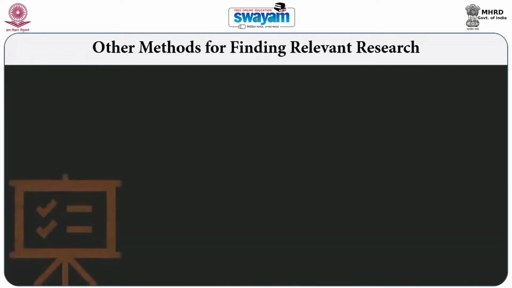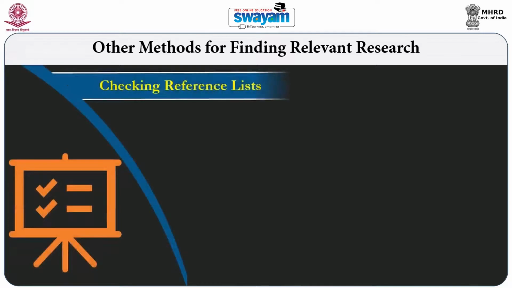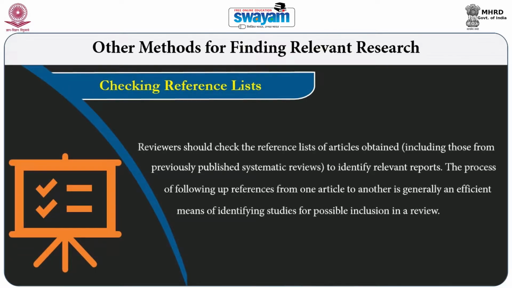Other than the abstract, one can also go to the reference list available in the full text articles that one has found relevant to one's research, so that you can find other articles that are relevant for your research, because if the same article is referring to other articles, those may be relevant to your article.